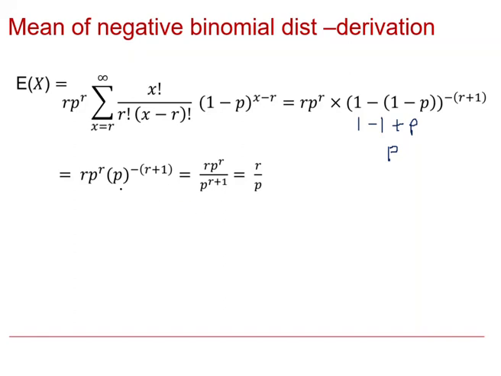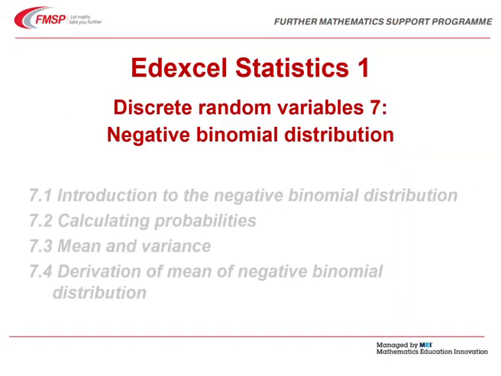And if we substitute that in here and do a bit of cancelling, we have our p to the r in the numerator, p to the r plus 1 in the denominator. If we cancel that, we obtain the mean of the negative binomial as required, r divided by p. And that concludes this section.